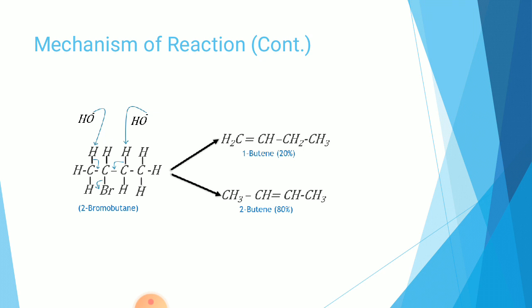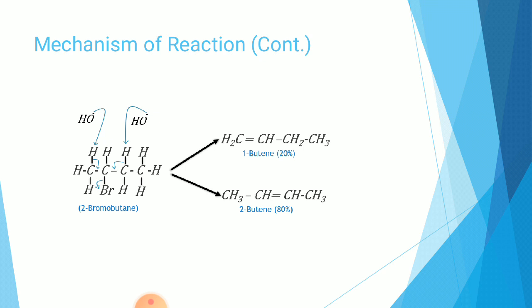First, in the formation of 1-butene, the hydrogen from the terminal carbon atom is abstracted by the base OH minus. So it is forming a CH2 double bond, and the bromine is removed. So CH2 double bond CH, then CH2 CH3. So it is forming 1-butene.